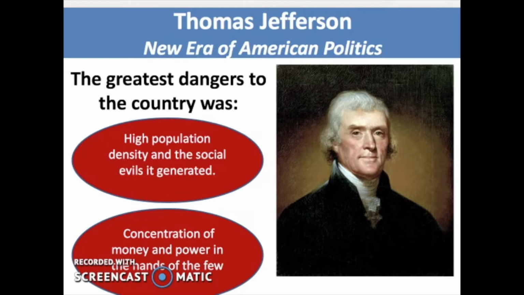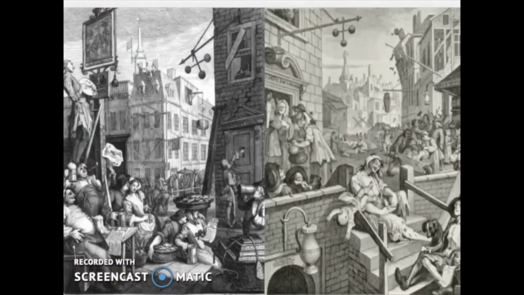So he's looking at, as examples in Europe, cities that have high concentration of people. This is a very famous painting by Hogarth. Really what he's talking about here is the sins of gin, the alcohol. It's split in two. Here's ale. There's just problems with ale, but people are pretty social.